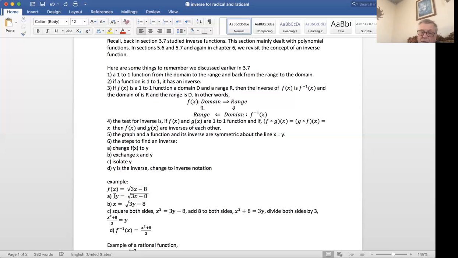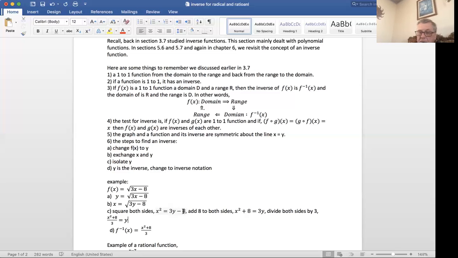First thing we do is exchange the f of x with y. Then we switch: what's x up here becomes y down here, and what's y up here becomes x down here. We square both sides because it has a square root in it. We need to get rid of that square root. Squaring both sides, we get x squared, and squares and square roots cancel each other, giving us 3y minus 8.